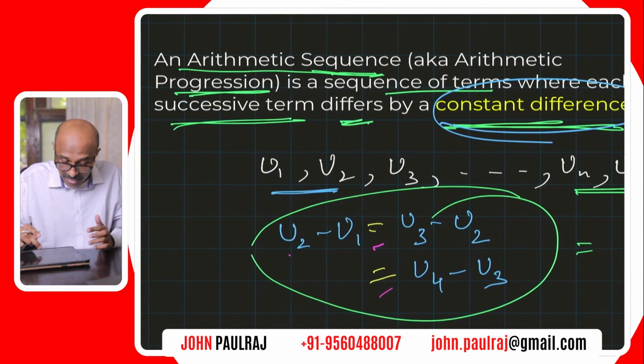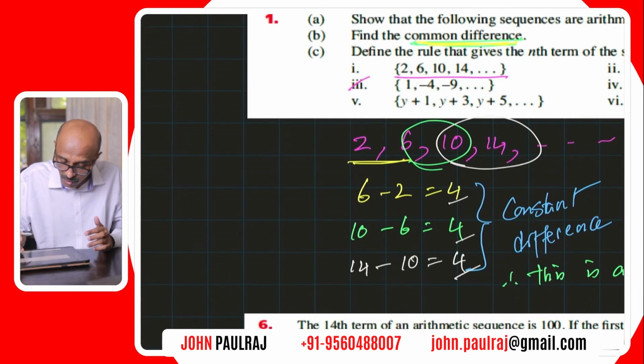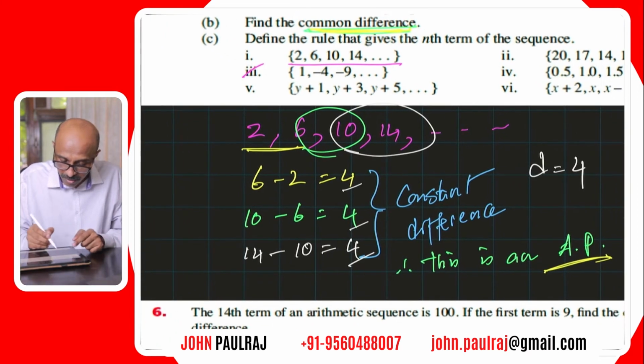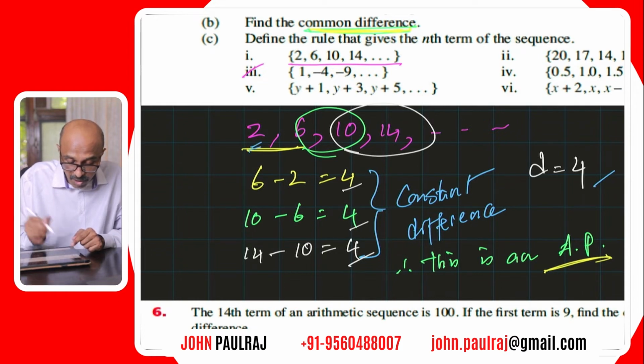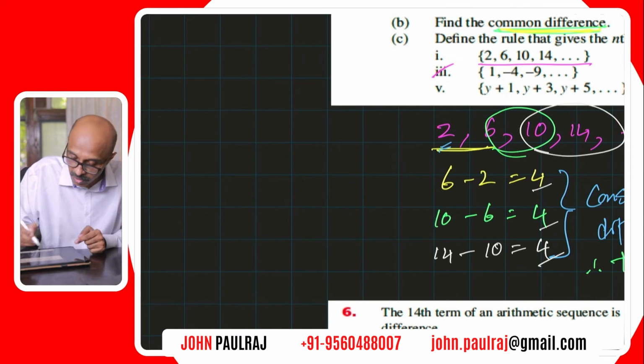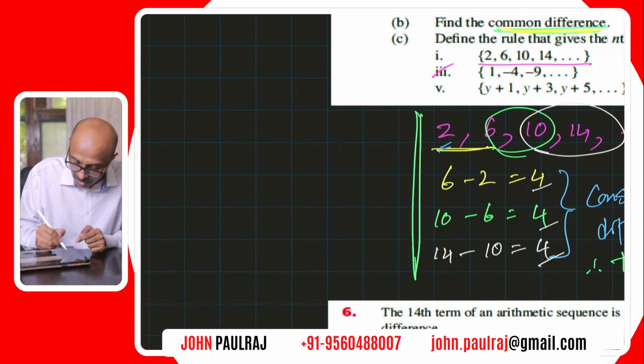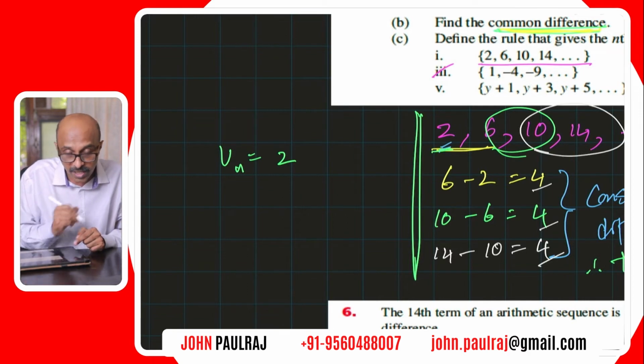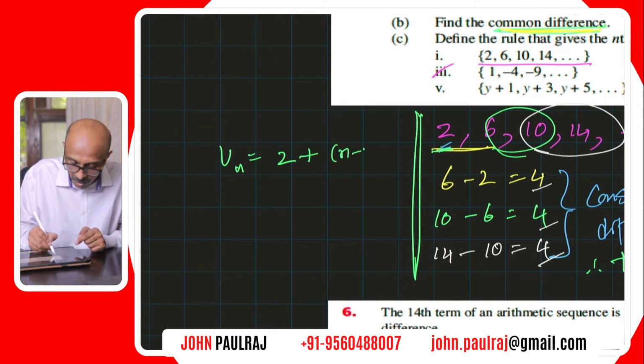Let's put it into the examples that we just saw. The example was 2, 6, 10, 14. The difference we found out was 4, that is the constant difference. The first term is 2, which means U of n for this first example is that first term, 2, plus n minus 1 times the D, which we found was 4.